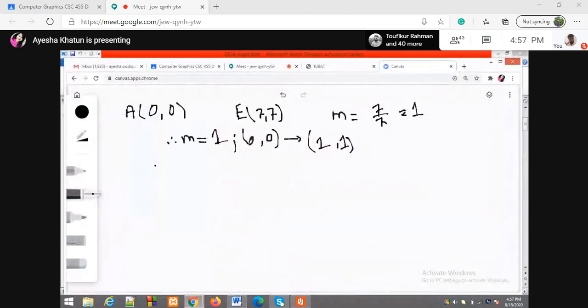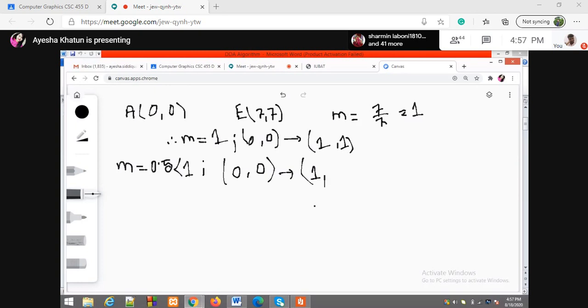And for example, you just assume that m is 0.5, right? So since it is 0.5, that means it is less than 1, right? So since m is less than 1, it says that x will be incremented by 1 unit, so we will have 1, and y will be incremented by what?